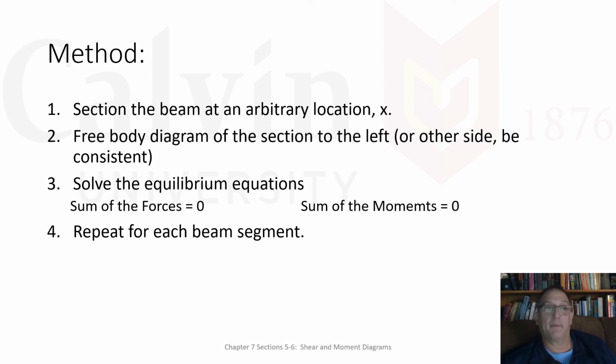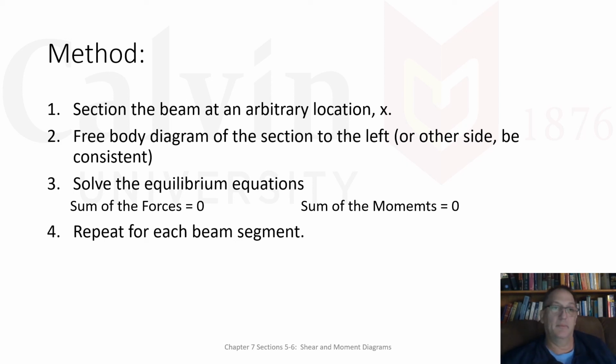The first step is that we get our beam and we section the beam at an arbitrary location x, and then we do a free body diagram of the section to the left. I'm always working from the left to the right; that's just the way I do it.